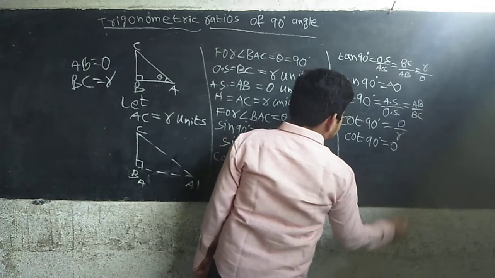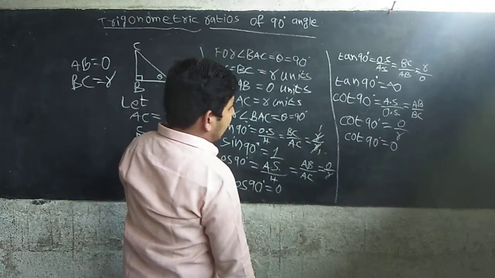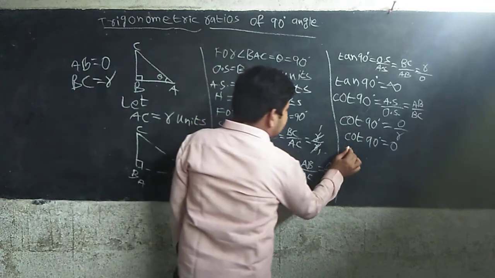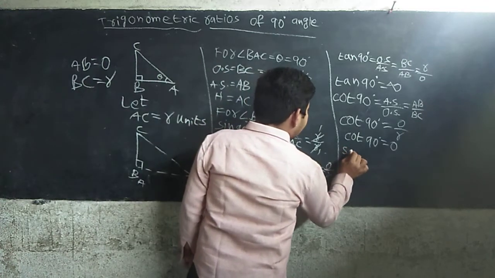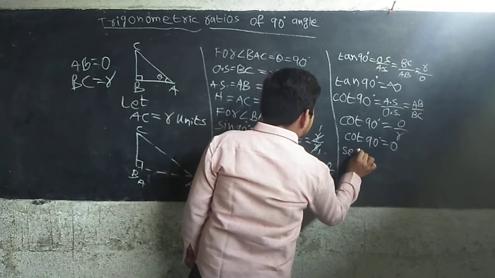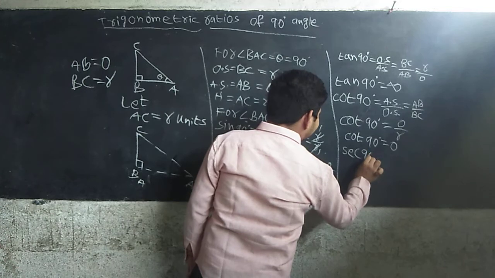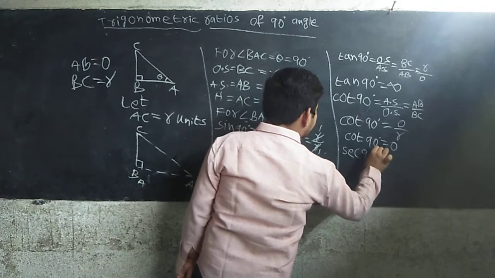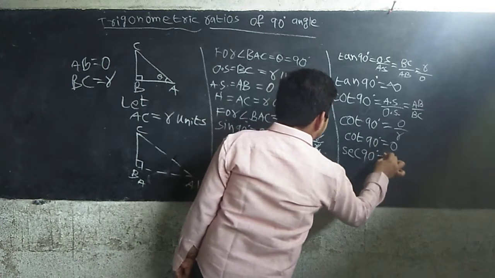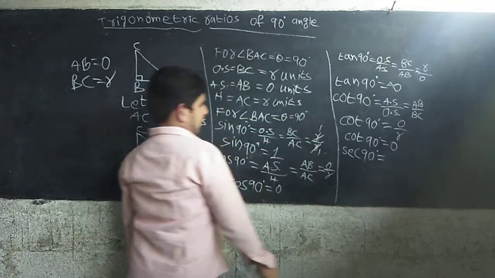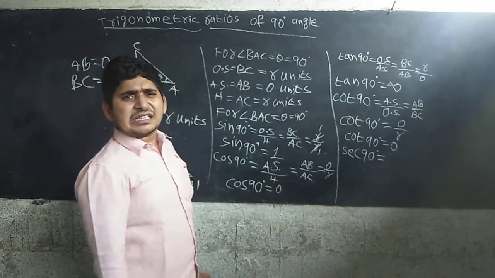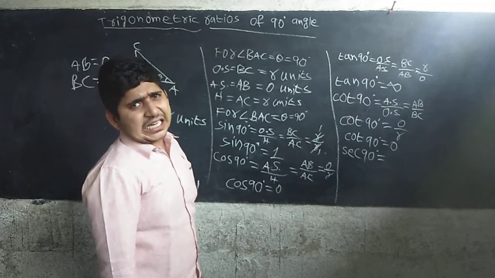Next, sec 90 degrees. Sec theta equal to hypotenuse by adjacent side.